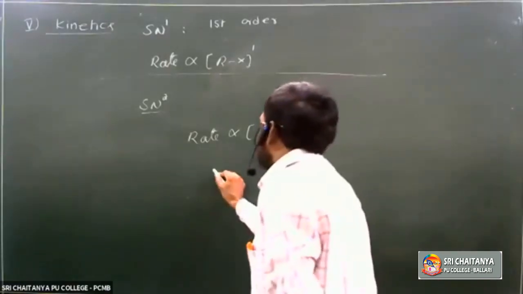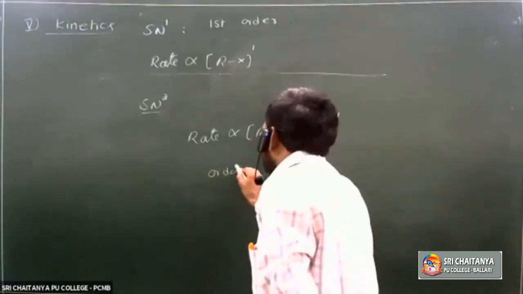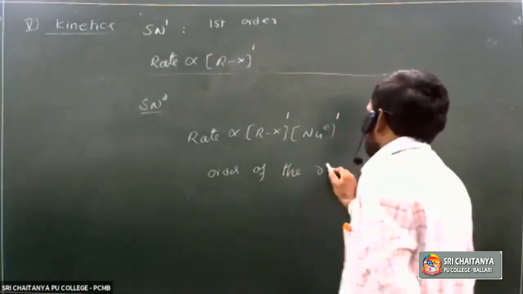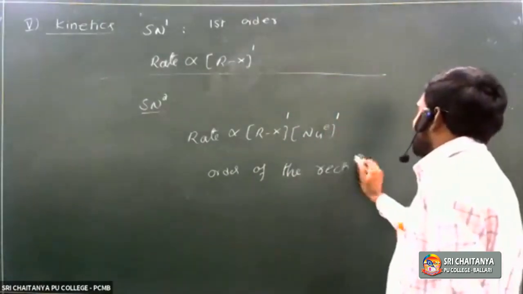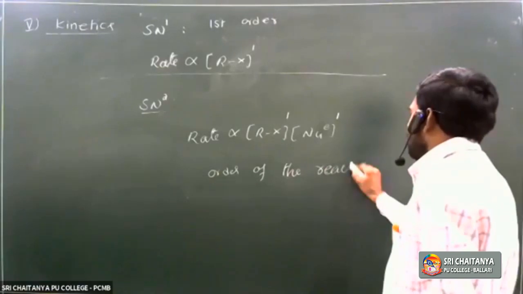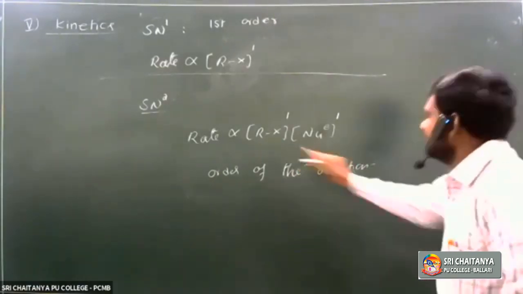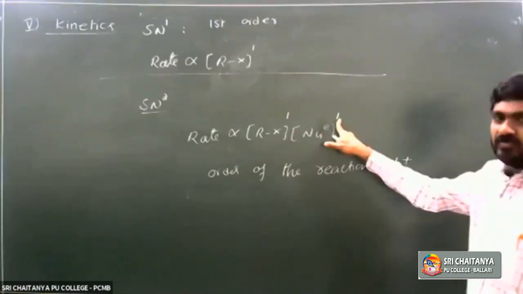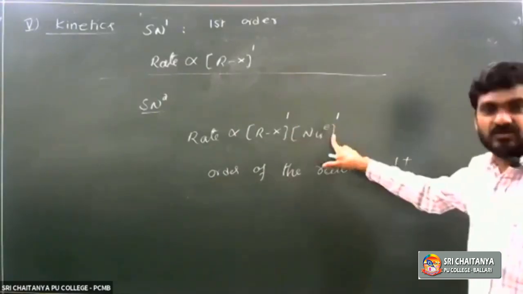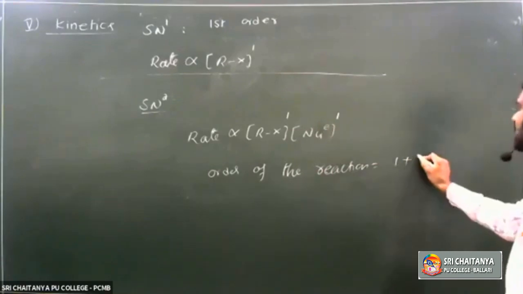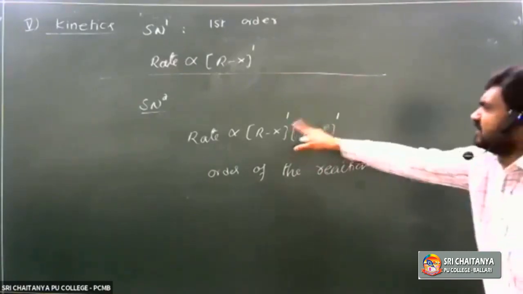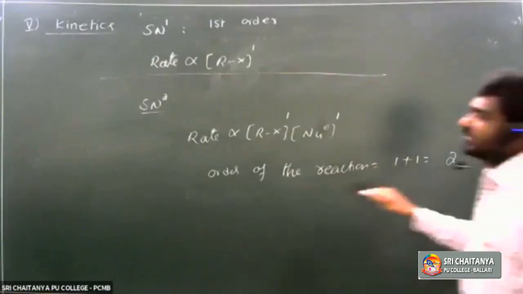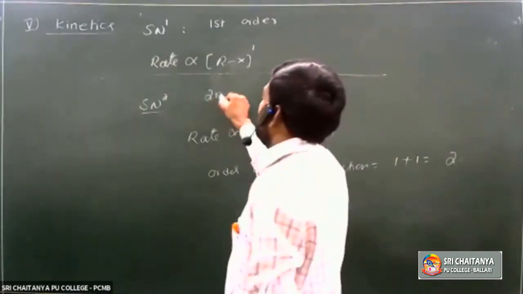So what is the overall order of the reaction? It is the sum of the powers of the concentration terms in the rate equation. So 1 plus 1 is 2. It is second order kinetics. So the SN2 mechanism is second order kinetics.